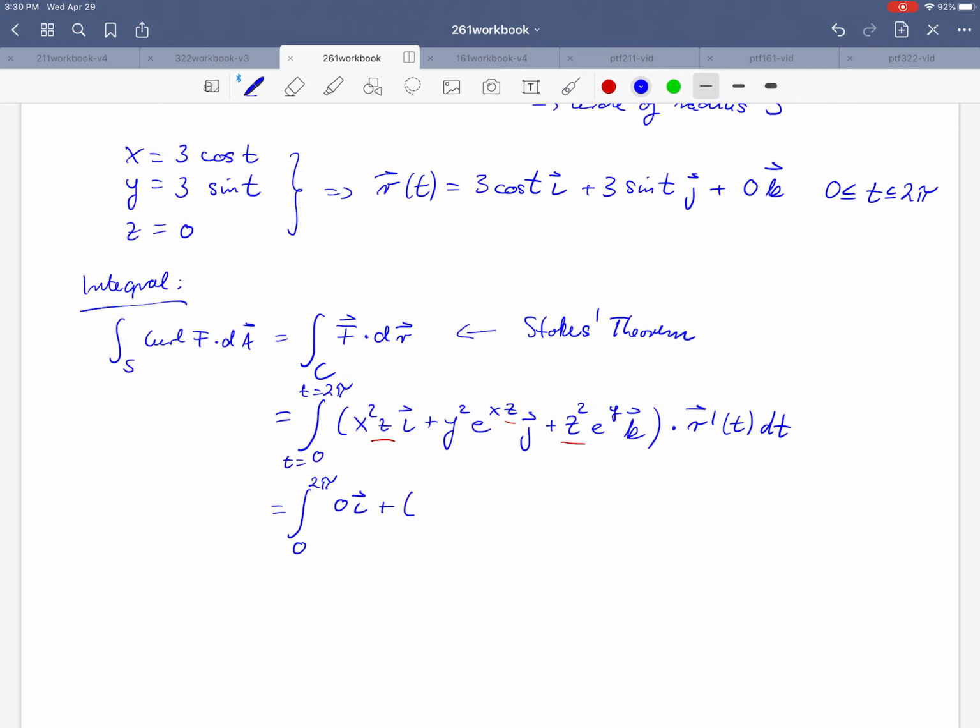So y is 3 sine t, and that squared. E to the whatever is just going to be, well, we have e to the 0. And then my k component is also going to be 0. So we have that. And we can go back to r and compute r prime.